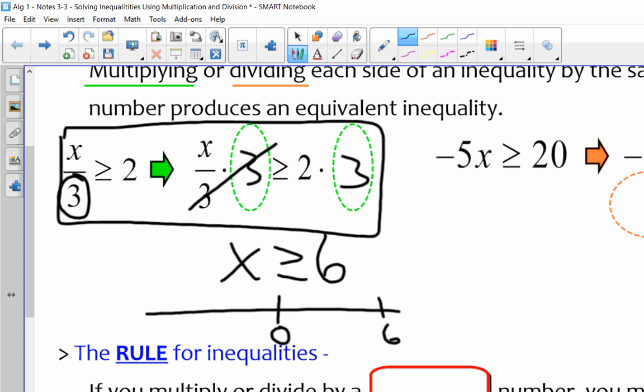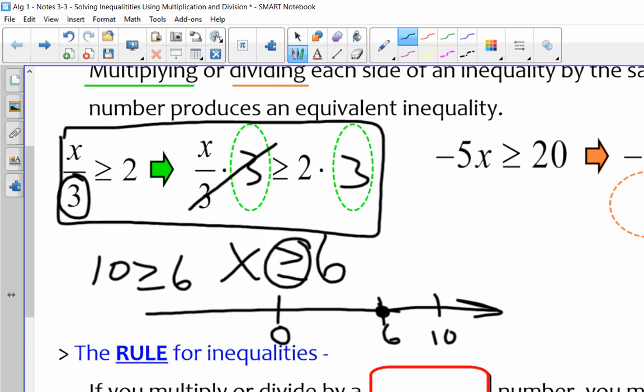In this case, the symbol says it's also equal to, so that means it's a solid point, and then it says it's greater than, so that means I can go to the right, follow the direction of the symbol, and I can draw my line. So there you go. And, pick a number. I might pick 10. So is 10 greater than or equal to 6? Well, it's greater than, so that makes it true.